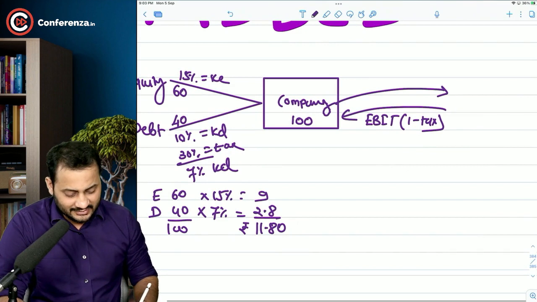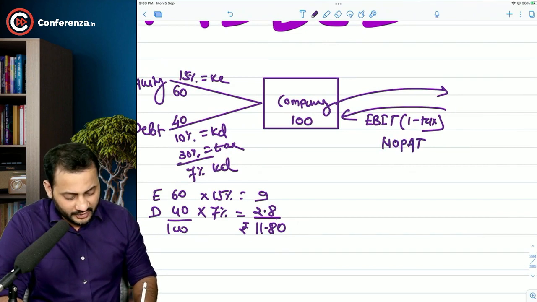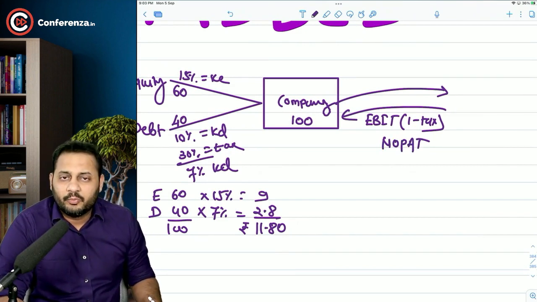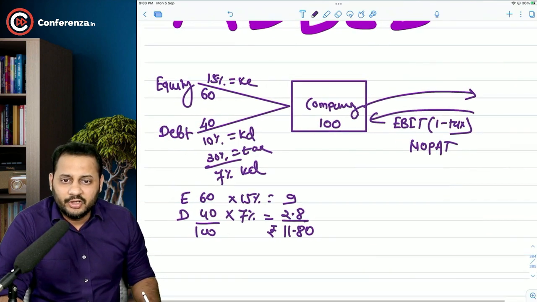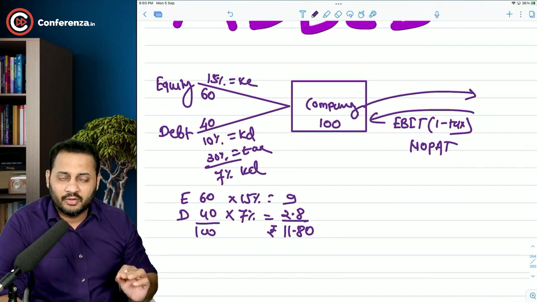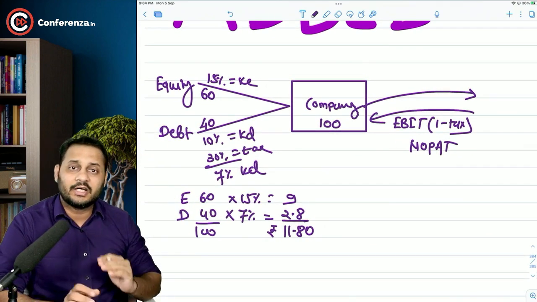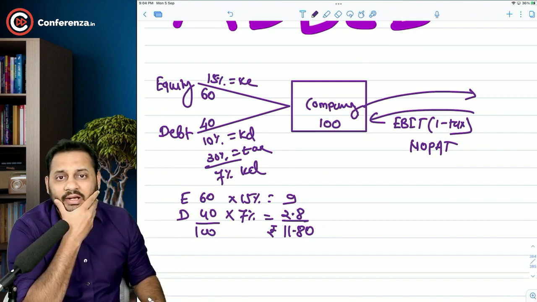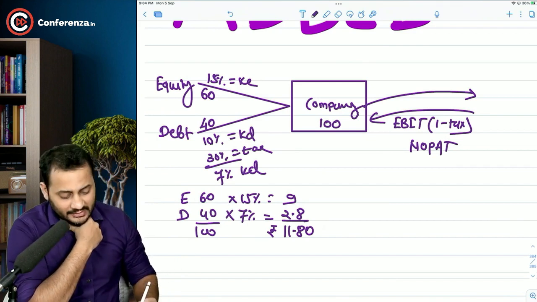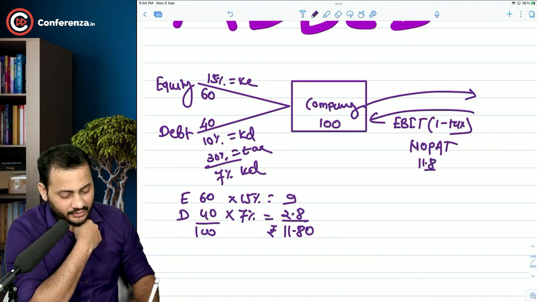EBIT into 1 minus tax is also called net operating profit after tax. We need to make sure that we only keep the profits for equity and debt holders, and that too after taxes. So that's why 1 minus tax, not PAT. And that has to be a minimum of 11.8 crore.